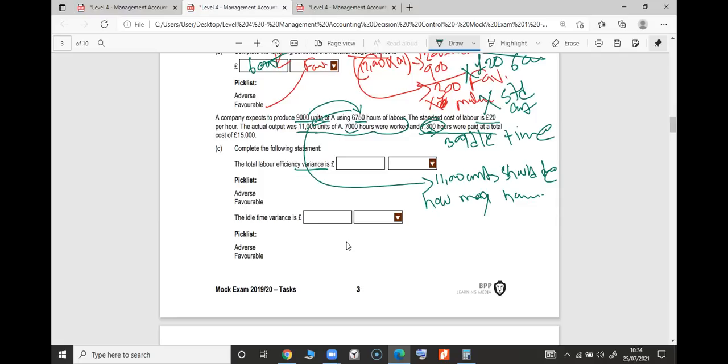I think Richard, you're slightly off there, but you're just there. Yeah, that's the good one. Thank you, Natalia. I was looking for this one. 6,750 hours was budgeted, divided by budgeted units, which is 9,000. So I believe you get 0.75. Umit and Shazad have given me 0.75 budgeted hours.